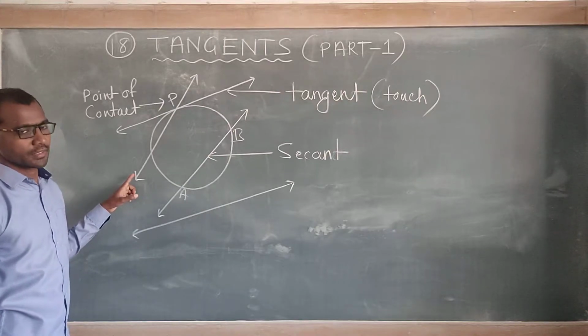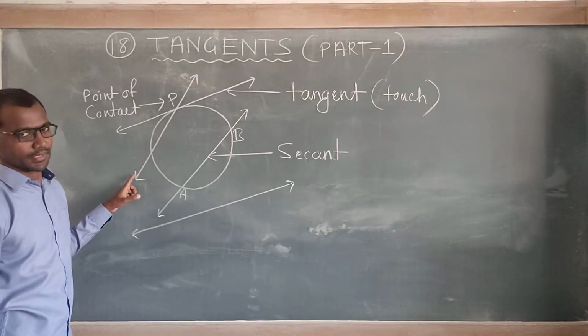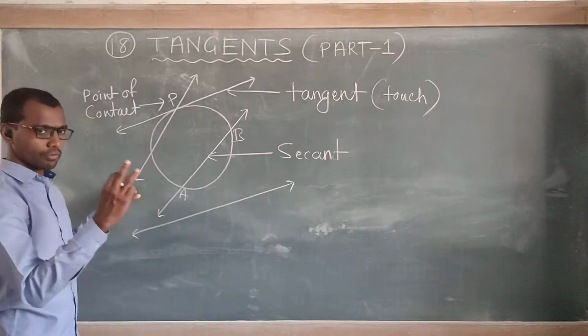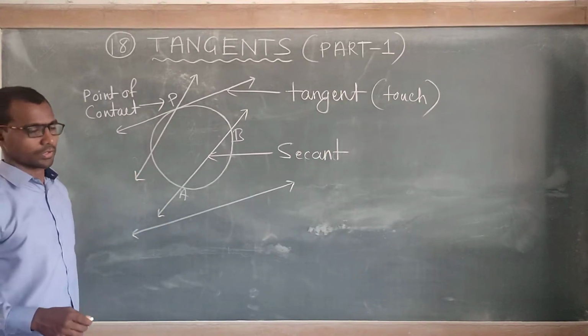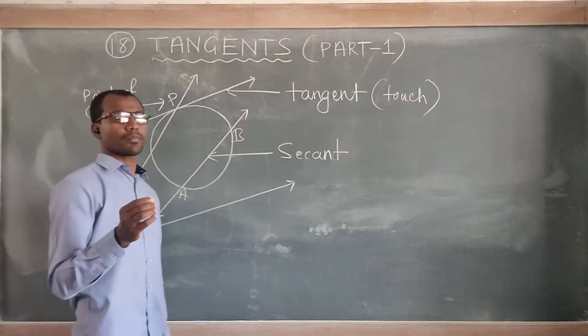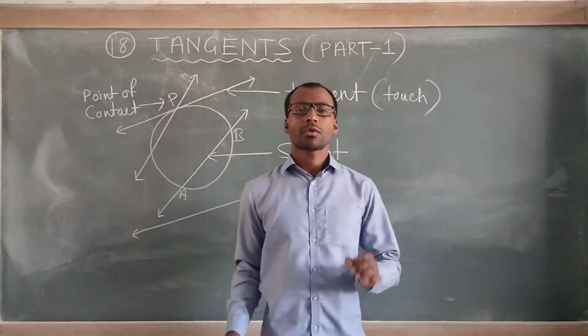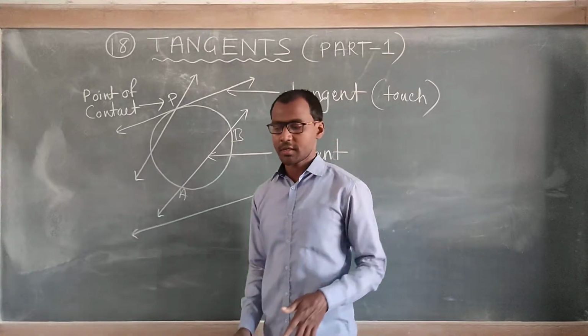Is it touching the circle or intersecting the circle? Clearly it is intersecting the circle at 2 points. That means it is not a tangent, it is a secant. So remember, at a given point on the circumference of a circle, you can draw only one tangent. Clear?